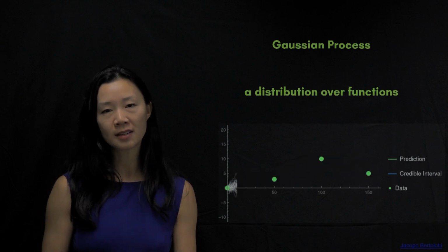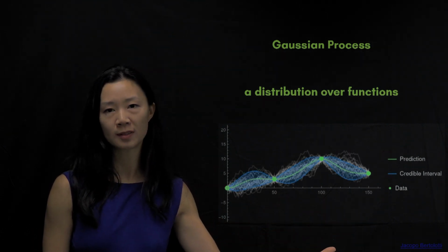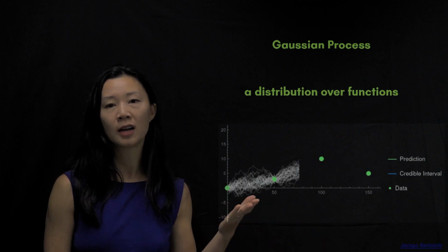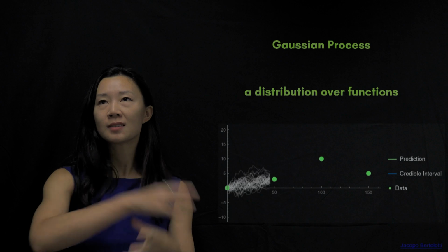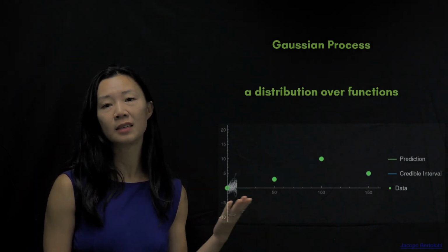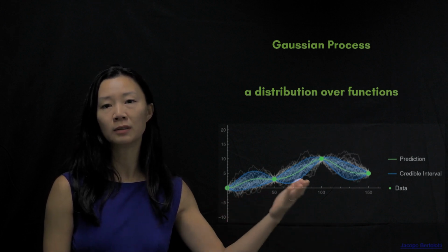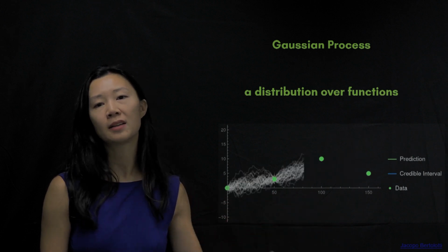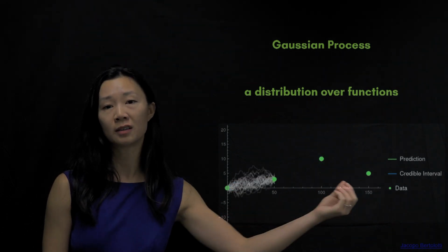A Gaussian process is going to fit a distribution of functions to those 4 points. And so what you're seeing are the white curves are all samples of a distribution of functions. And these different samples can be characterized by some prediction, that light blue line, and then some credible region or uncertainty region, which is that blue shaded bound.